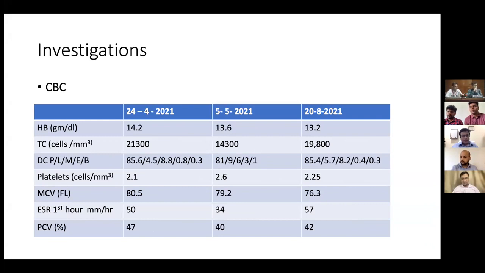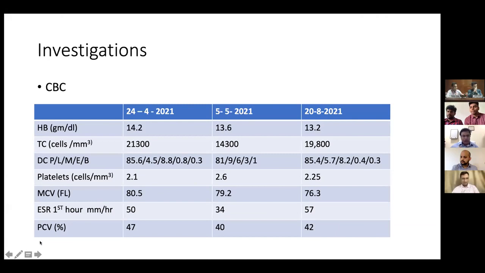The rise in total counts in the first week, generally in the first 24 to 48 hours, we attribute to the cytokine component. And if total counts persist even after 5 days of presentation, we might think of an infectious process.